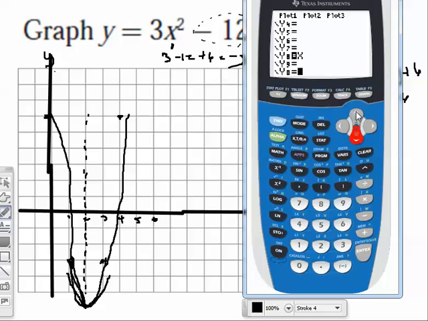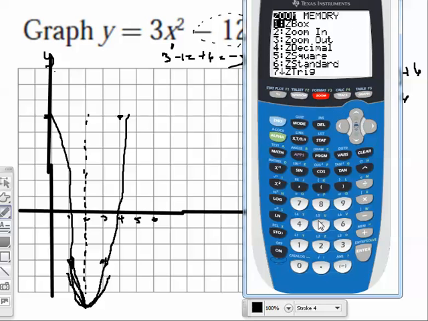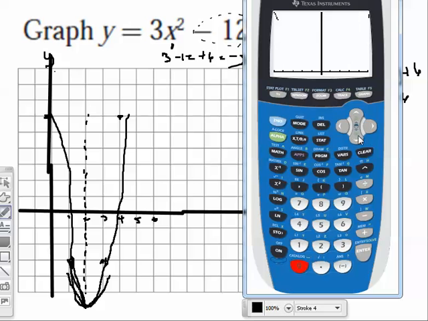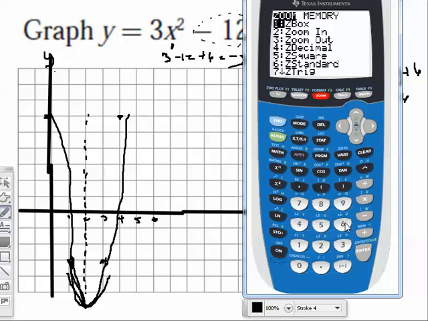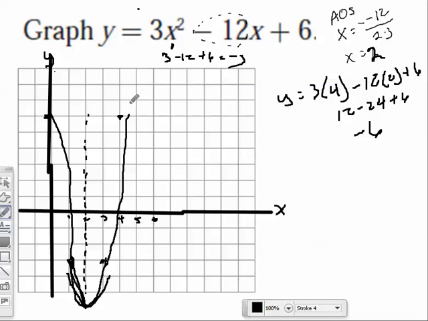Yep, there it is right there. Now it won't be there. And if I zoom, which is not what I wanted to do, zoom 6, standard zoom, it'll show it to you a little bit better, and that's what it looks like. Cool? So you can see we can graph these out that way, and I just graphed it the hard way here on paper. Okay.